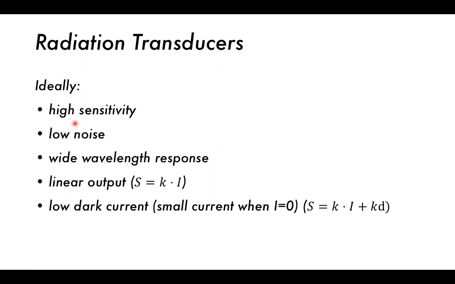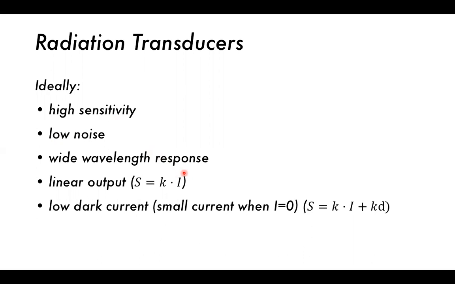Highly sensitive means that it doesn't lose much of the light. So like any light which is incident on it, no matter how intense it is, will trigger a response from our transducer. So these are kind of intertwined. We want it to be highly sensitive, but we don't want it to be sensitive to things which are not our measurement. We want a wide wavelength response. Why do we want this? Well, we want to be able to use it over multiple different wavelengths.